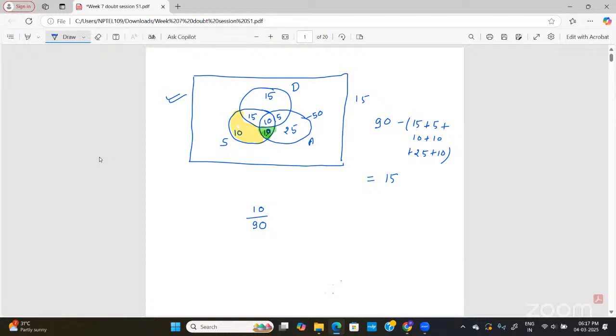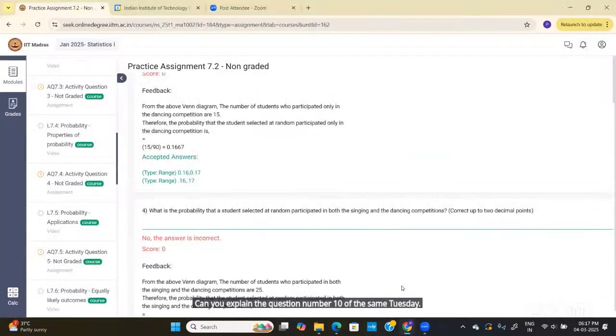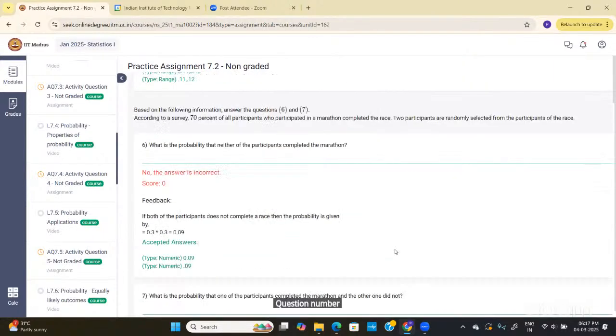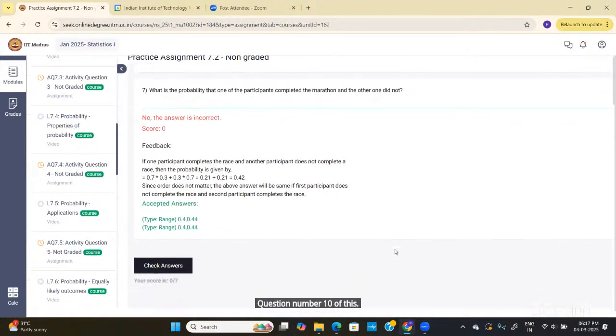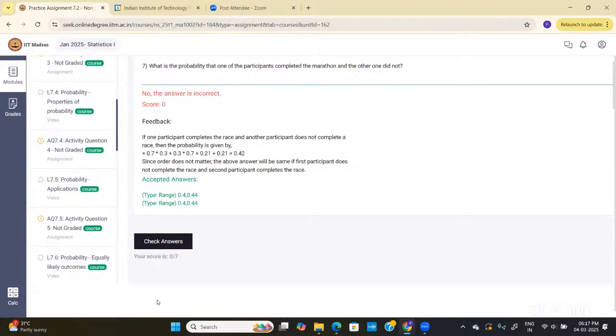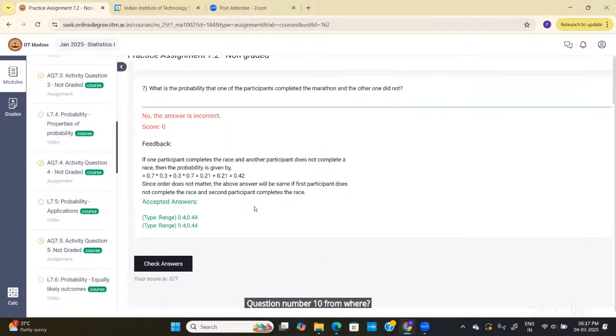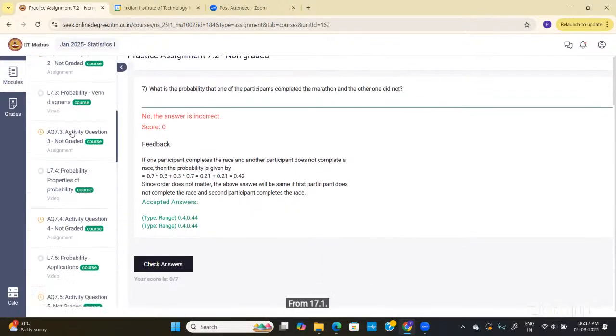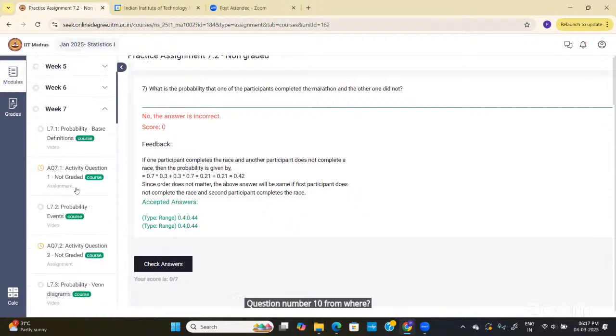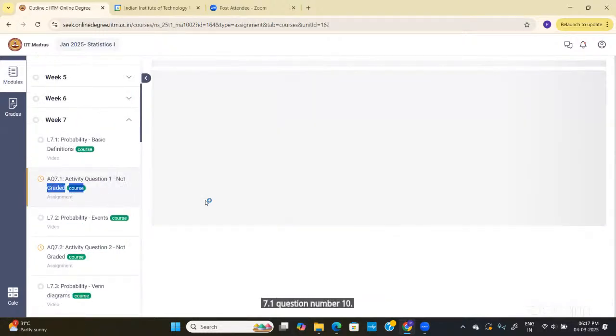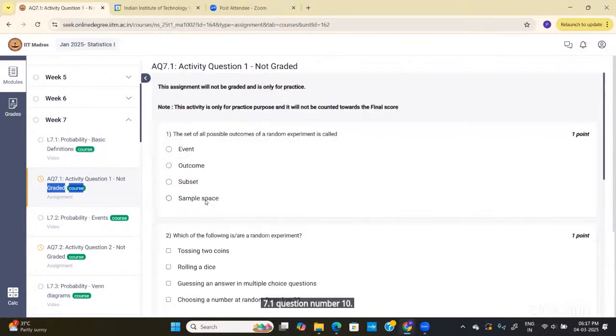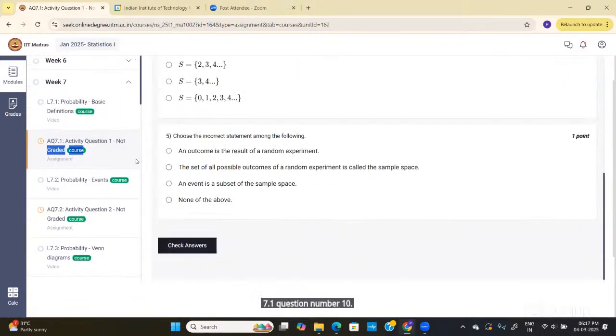Can you explain question number 10 of the same activity? Question number 10 from where? From 7.1. Question number 10 is not there. Only 5 questions are there in 7.1.